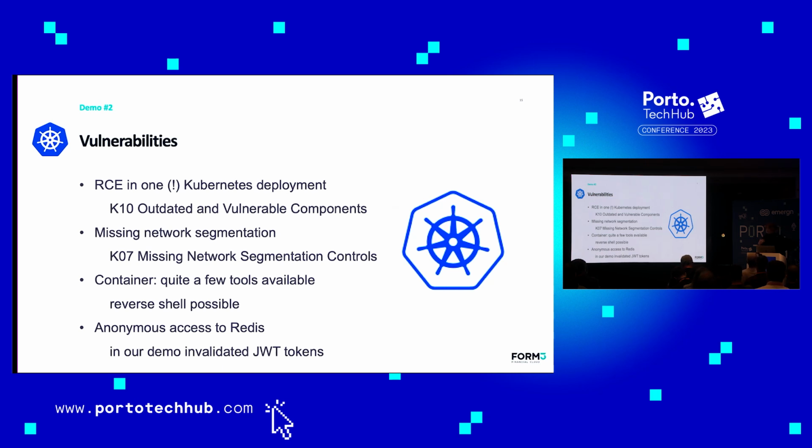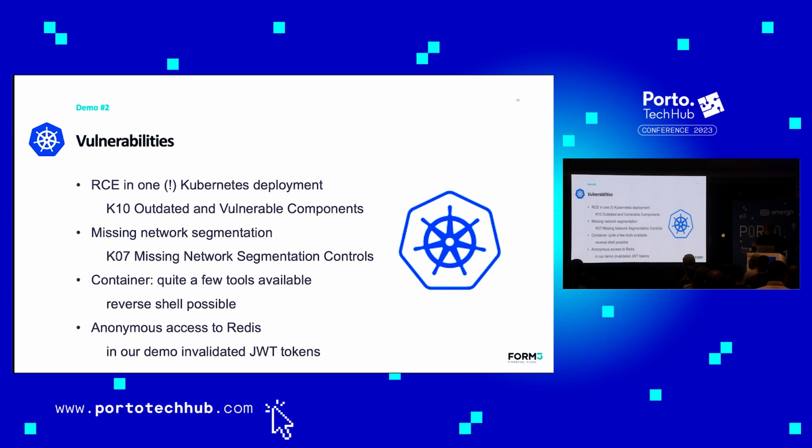You could see our ICE application in a different namespace could access a Redis server deployed for another application in another namespace. So definitely that's a problem of the lack of network segmentation controls.